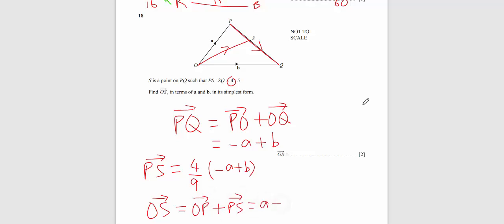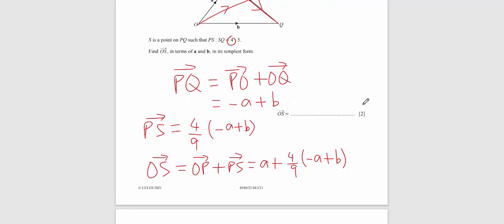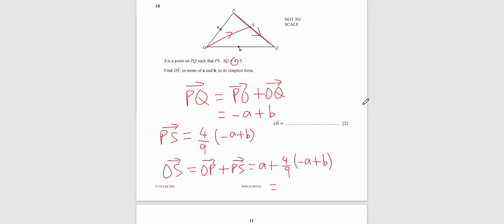OP is A plus 4 over 9 bracket negative A plus B. Then we have 5 over 9 A plus 4 over 9 B as the vector.